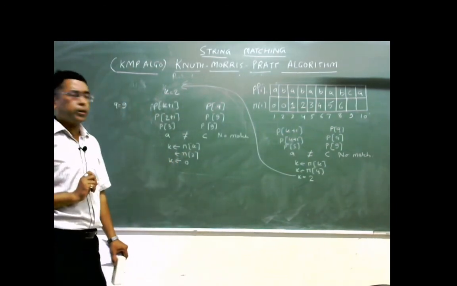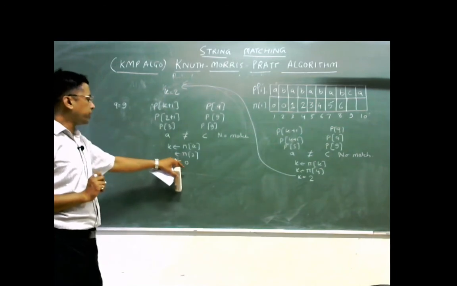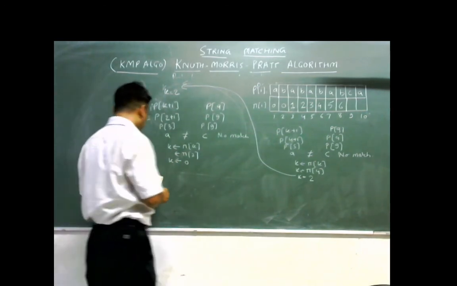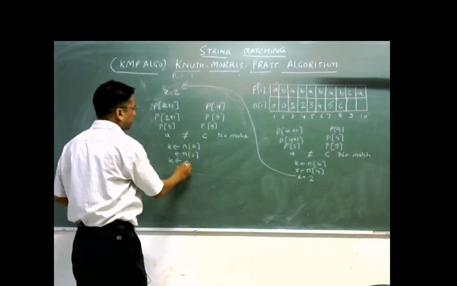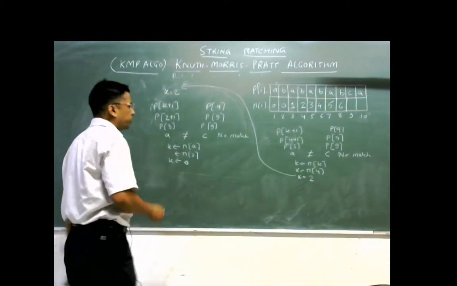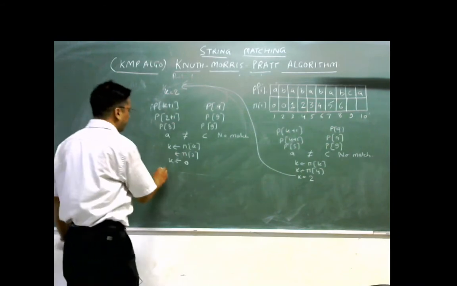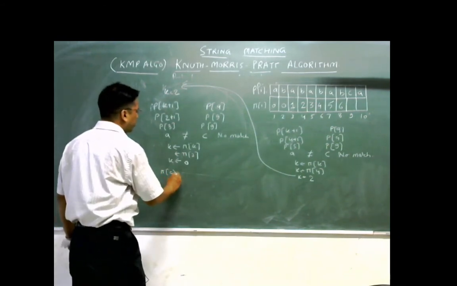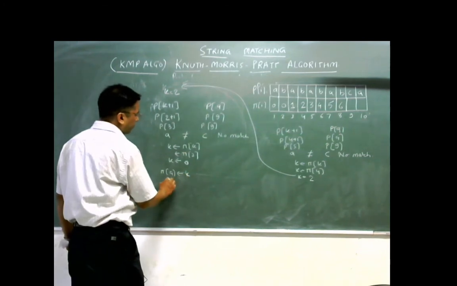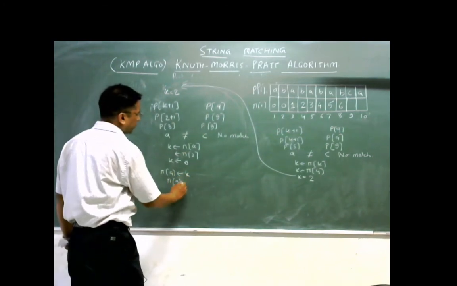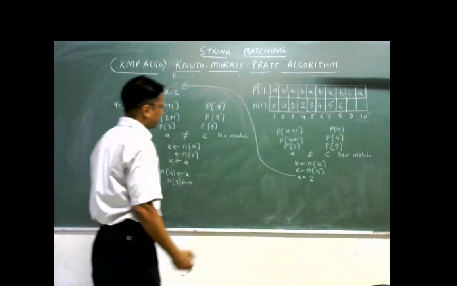After this we find that k is equal to 0, and the loop runs only while k is greater than 0, so we shall assign the value of k to pi q. So pi 9 is equal to 0.